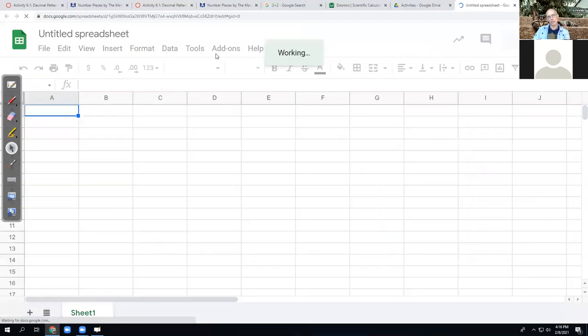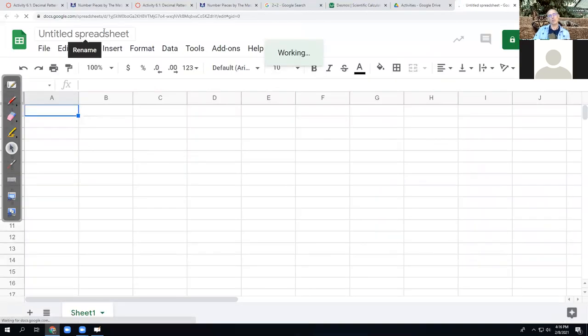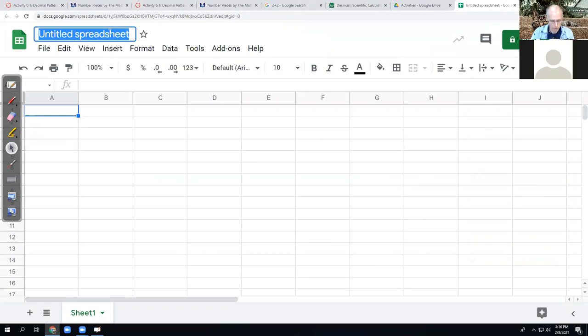And I highly recommend giving your sheet a title right away. Sometimes I forget to do that, and I have a whole bunch of untitled spreadsheets, and I wonder what the heck's in that? Do I need that? So I'm just going to call this activity 6.1, fractions to decimals.